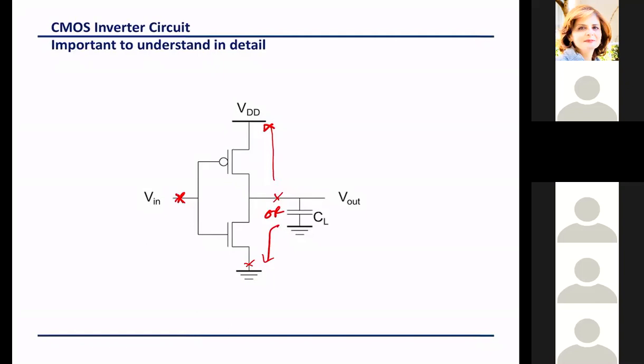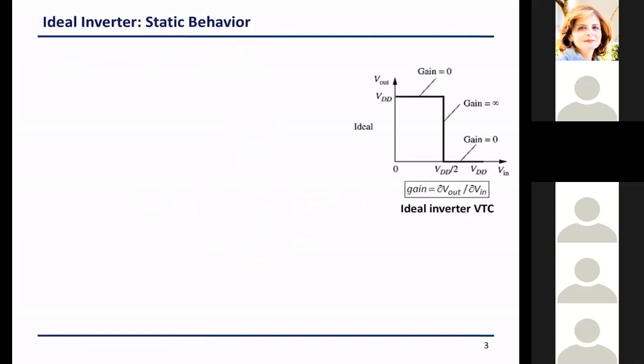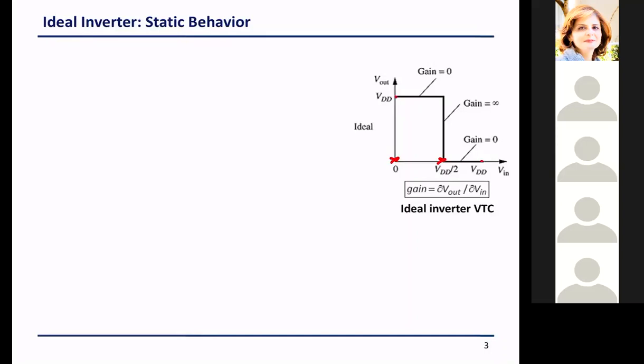But let us now look at the analysis of the inverter as a functioning element. Ideally, for my circuit, I would wish that if the input is between 0 and VDD over 2, the output is going to be high, and if the input is in the other range, the output is going to be low, and that the gain is 0 in all of this range, but it is infinite at this single point.